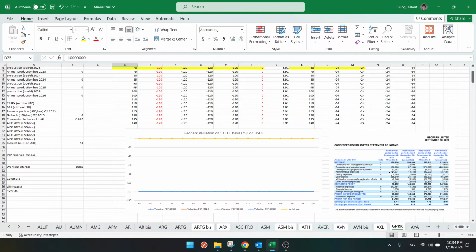Administrative expense, 11 million. Some selling expense as well. Then we have the operating costs. Yeah, selling expense and administrative expense, let's say 15 million per quarter. I will put that here.